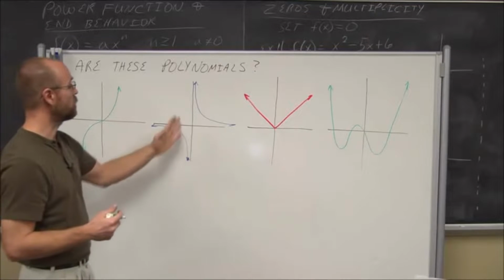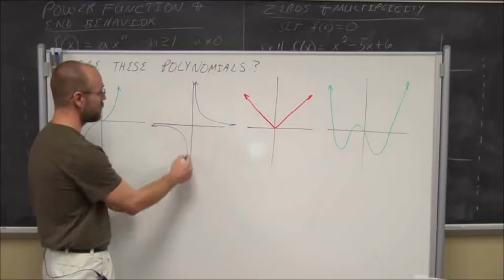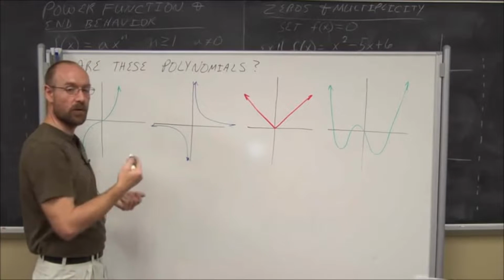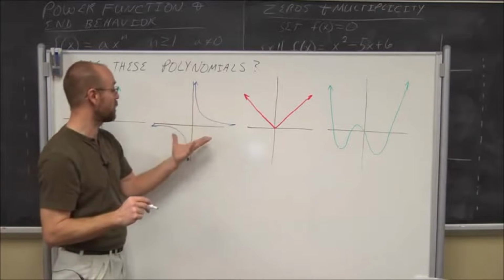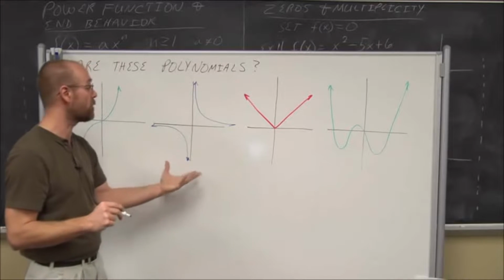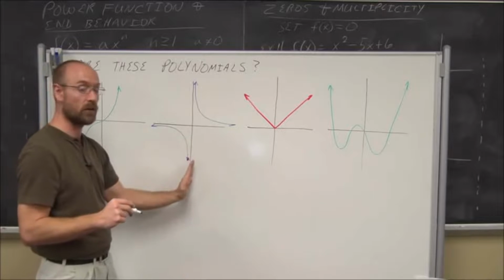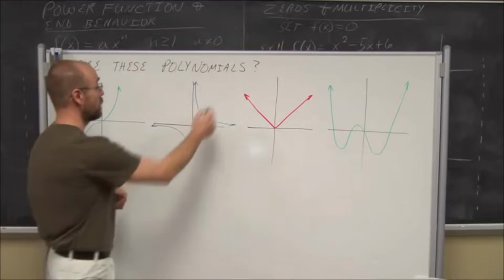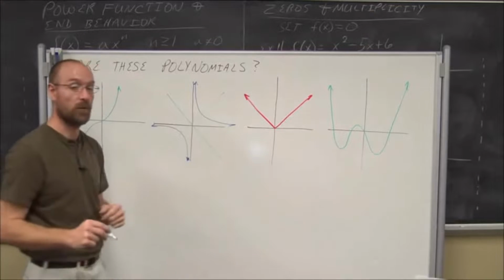What about this? We notice there's a piece over here and a piece over here. I would actually have to lift my writing utensil off of the surface in order to continue this graph. So we can see there's a domain restriction. x is never equal to 0 in this graph here. So this is not a polynomial.